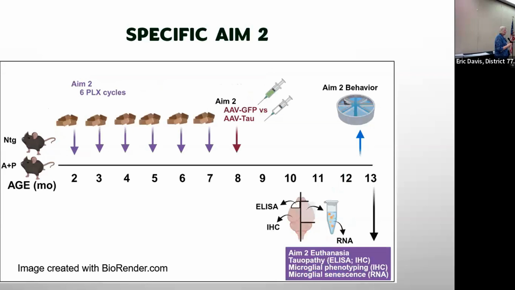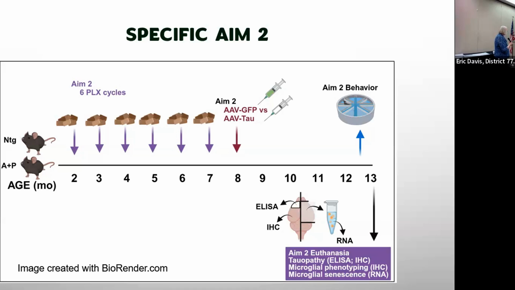And as a proof of concept study, we also want to do the reverse. We want to make them more senescent cells. And this is the little creative idea that I have. So in normal aging, cells can divide for a finite number of times, and then they stop dividing and they go into the senescent state.